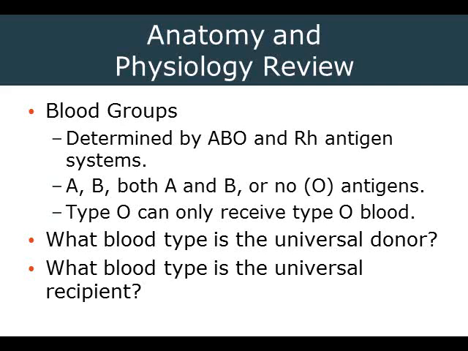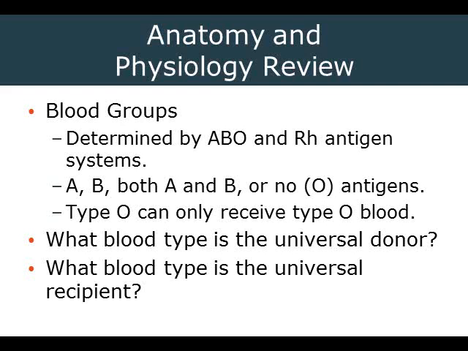It's basically 180 degrees when you're talking type B. They have the surface antigen B, but their body creates anti-A antibodies, so your body's ready to fight off any A that would come in. If you happen to be type AB, you have both A and B antigens on your blood, and your body makes neither anti-A nor anti-B antibodies, so it won't do anything with either of those.